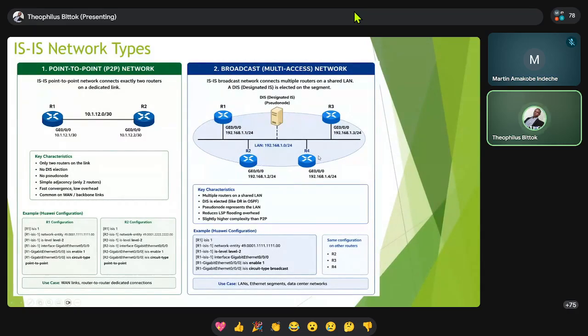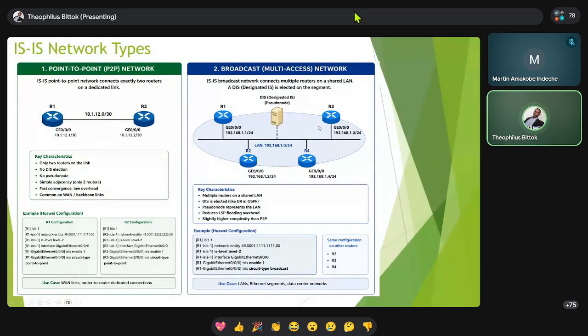Now, when it comes to selecting the DIS, in this broadcast network you have 4 routers, and a DIS needs to be elected. The first thing they check is the priority. The router configured with the highest priority is the one that is going to be elected as the DIS.